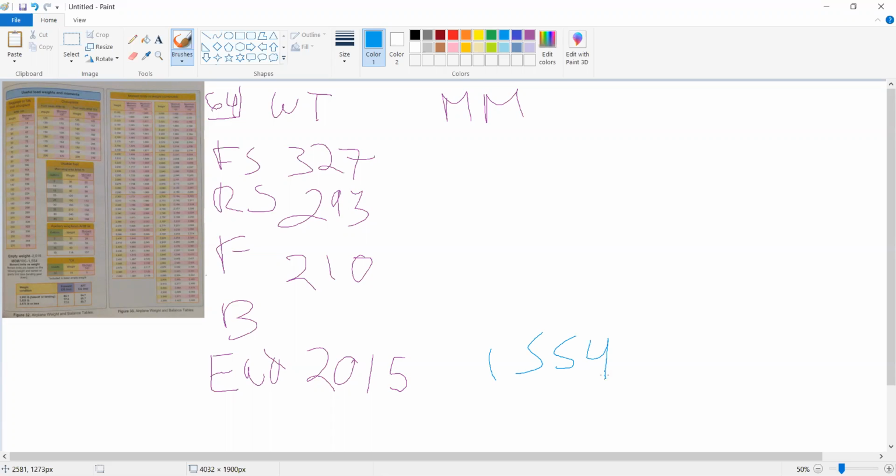All right. So 327 for front seat. That is not given, but we know what we need to do. So we know that's 327. We multiply that by the arm for the front seat, which is given at 85. So that's 27, whatever, divide over 100.